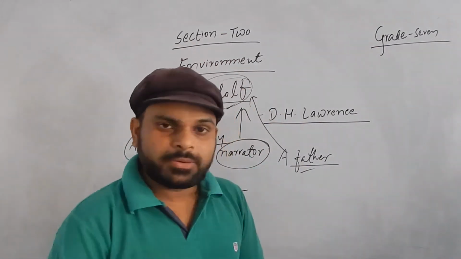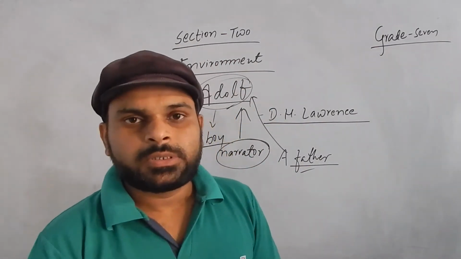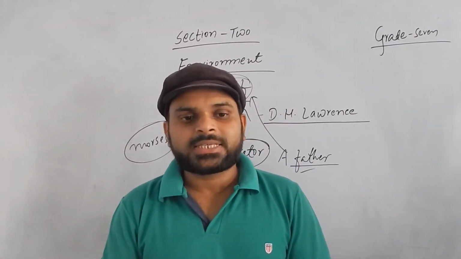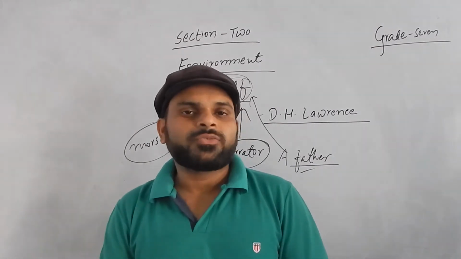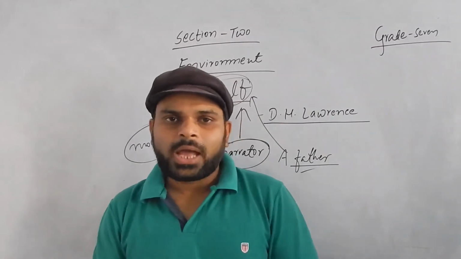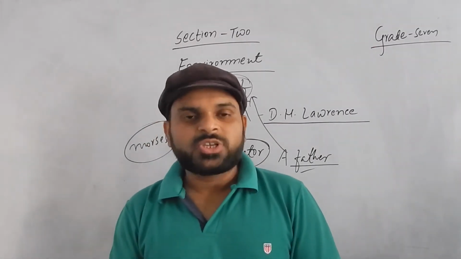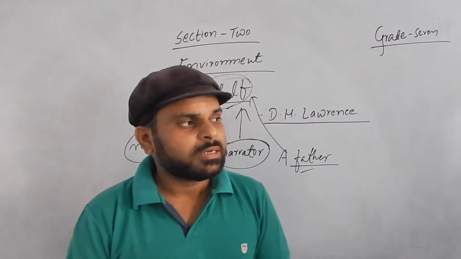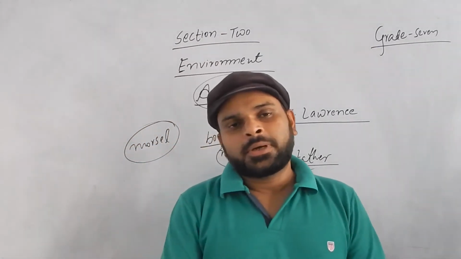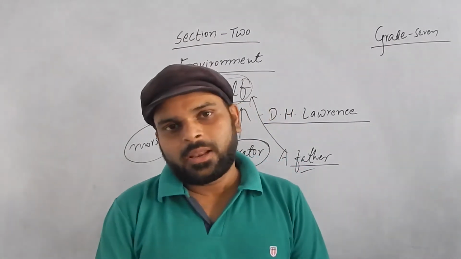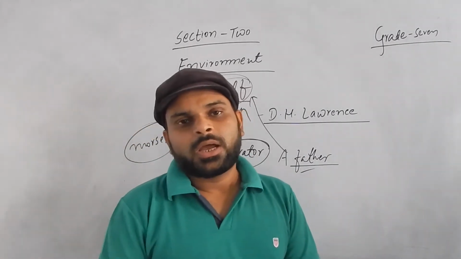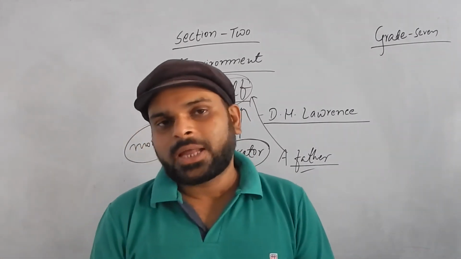On the contrary, the mother is against the decision of keeping any wild or any domestic animal at home. She is furious and she denies the idea of keeping any animal or any pet animal at home.